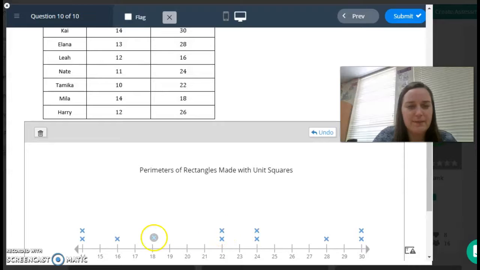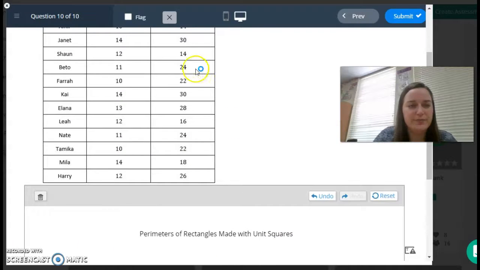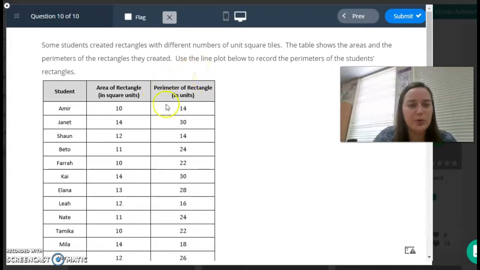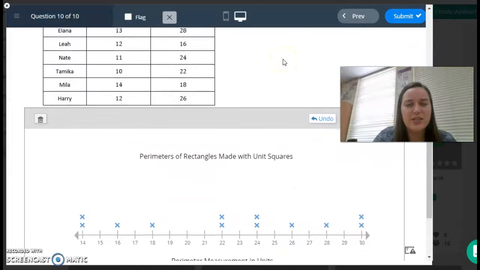Mila has 18. And Harry has 26. So I have now marked each person, and I've only recorded their perimeter. I haven't even looked at the area. I don't need this information, not for this chart. So each X represents one rectangle. We got it all. And look at that, we are done.